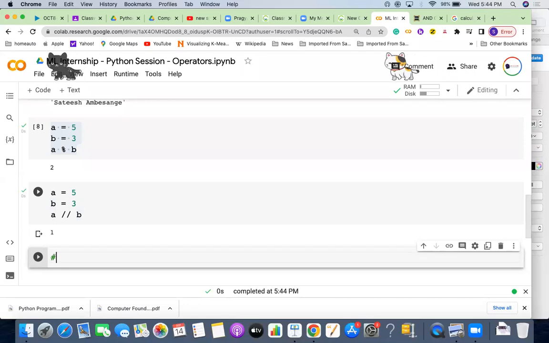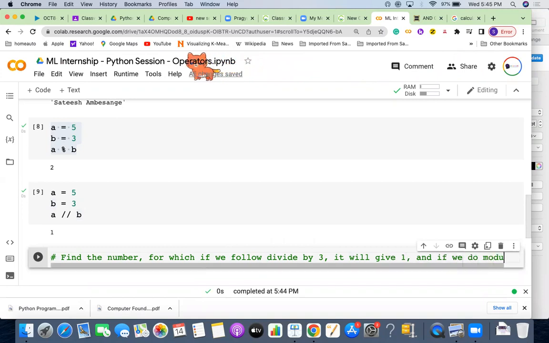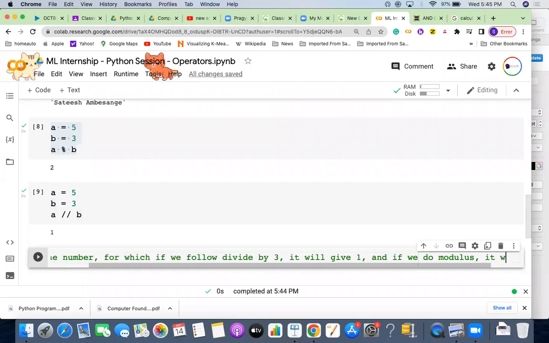The question will be something like: find the number for which, if we do floor divide by 3, it will give 1, and if we do modulus, it will give 2.